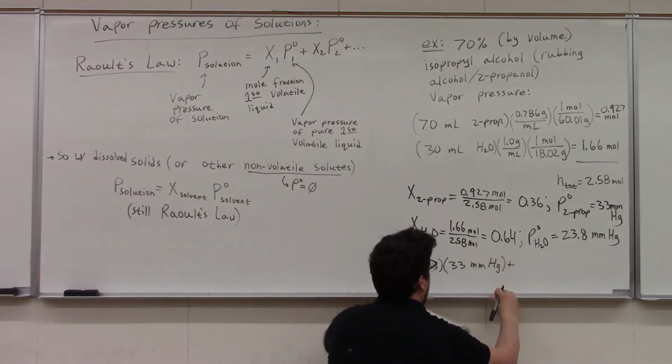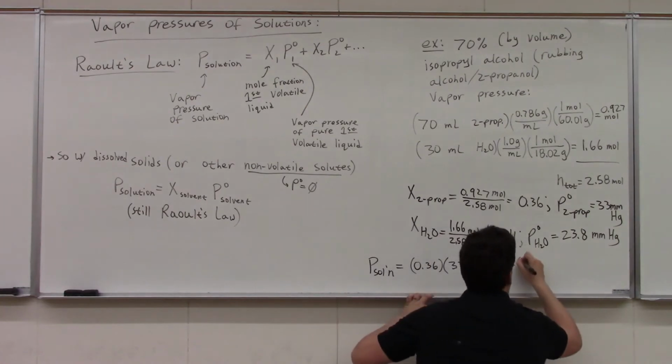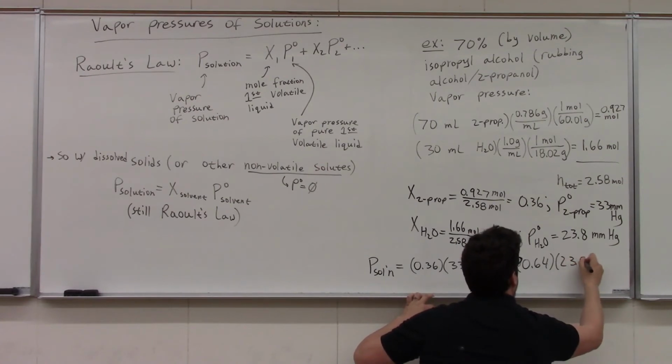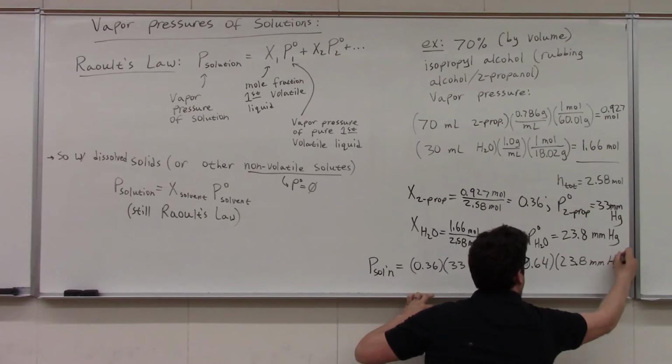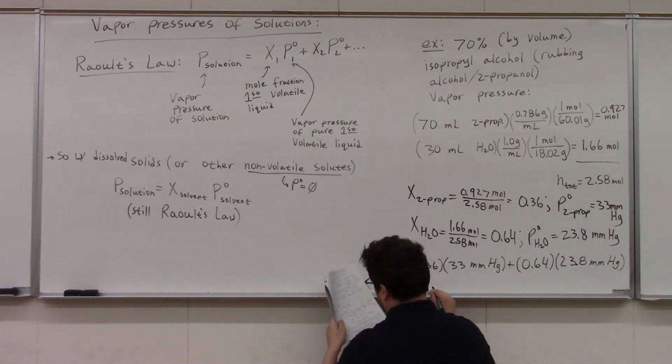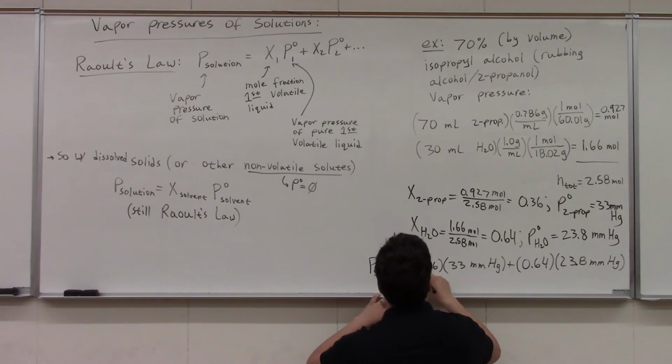And I'm going to add to that the mole fraction of water times its vapor pressure. And I will get an answer in millimeters of mercury, also known as torr, because God knows there aren't enough units of pressure. We have to start giving the same ones different names. And it comes out to be 30 millimeters of mercury.